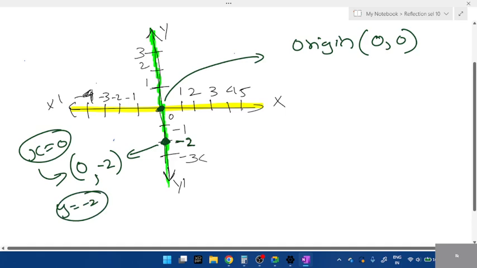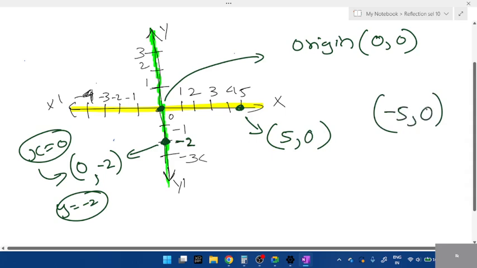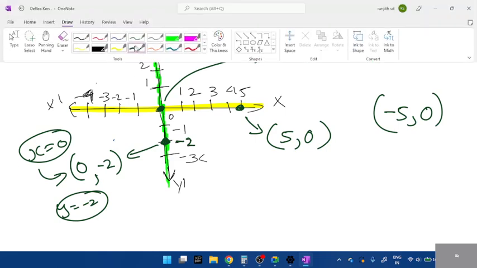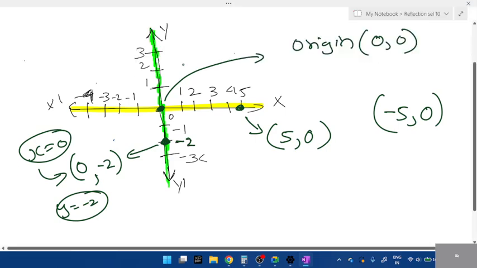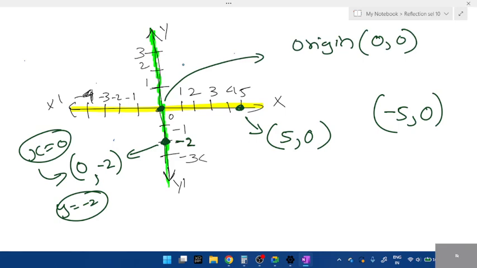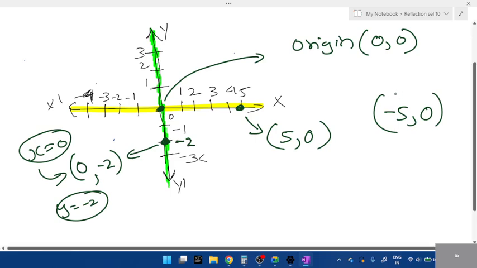Next, if I plot a point here, what's the answer for this? 5, comma, for y there is no value, it is 0. Now I'll ask you the opposite question. How do you plot this, students? On which axis? Not quadrant. How can it lie in a quadrant?